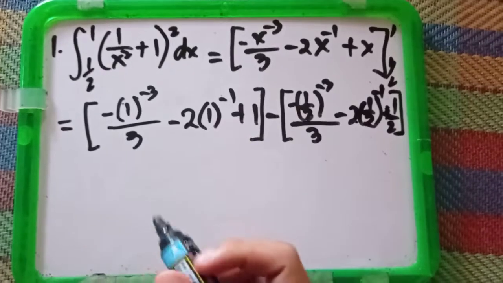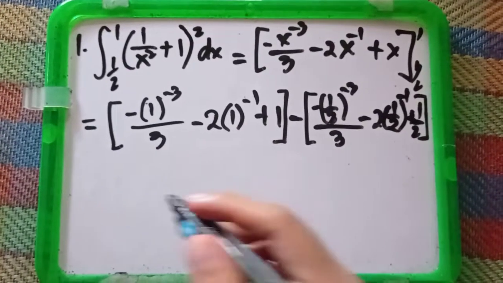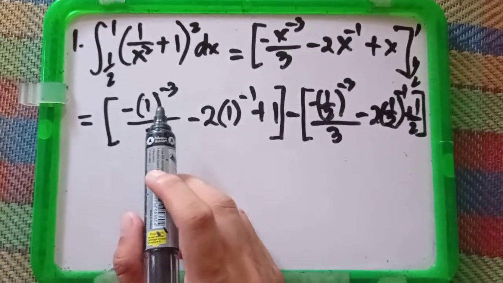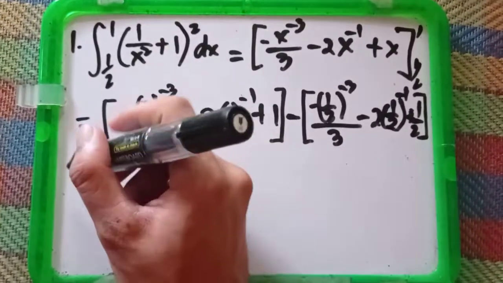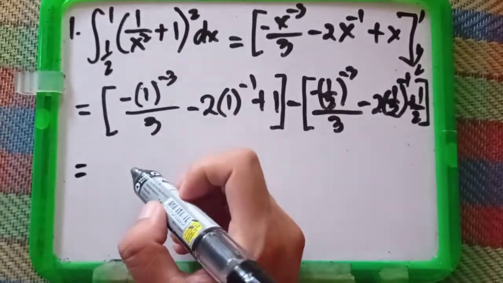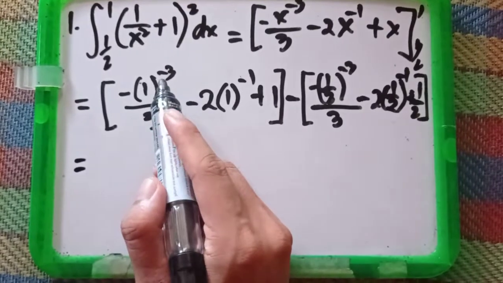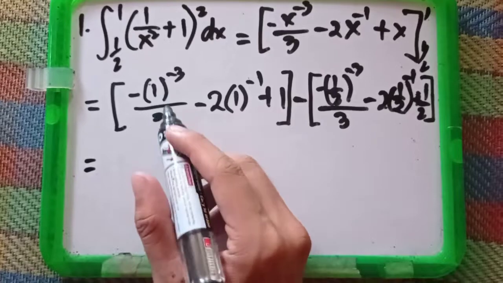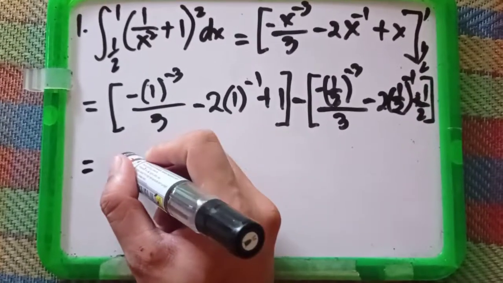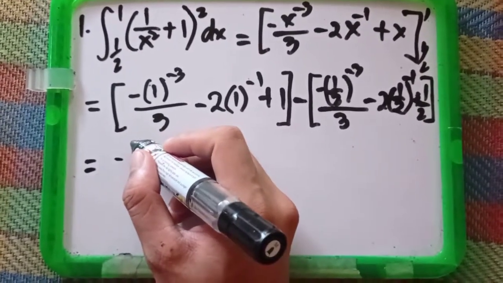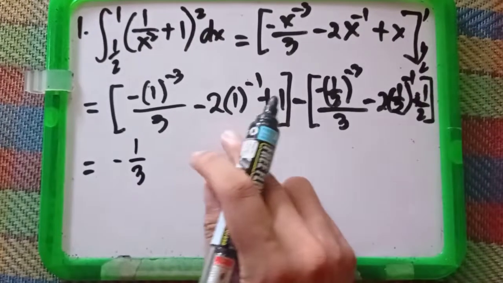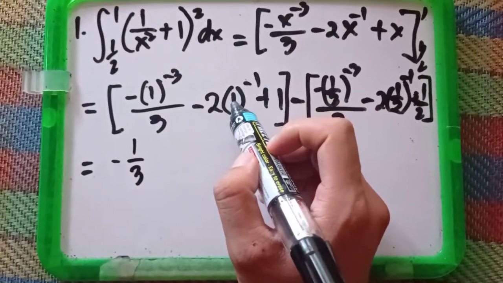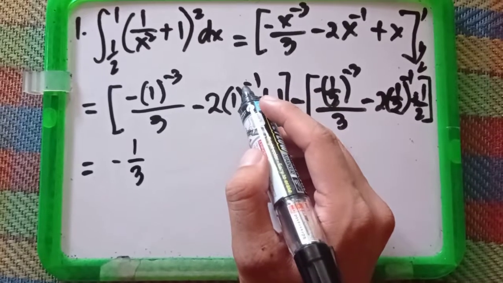So next is i-add na natin or kukunin natin yung mga values. So this will be negative 1/3. Okay, 1 raised to negative 1 is 1 pa rin.